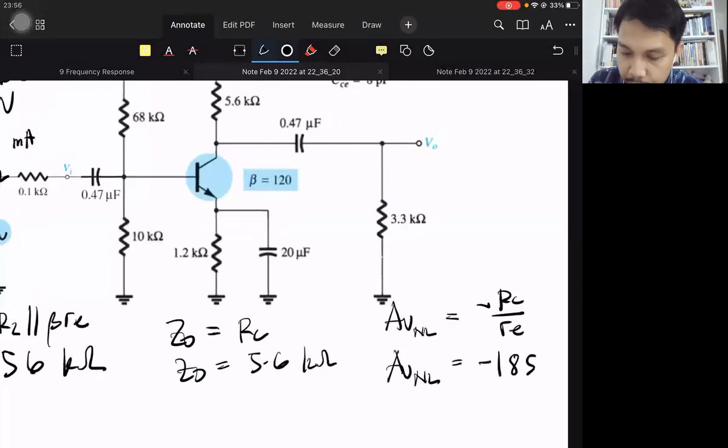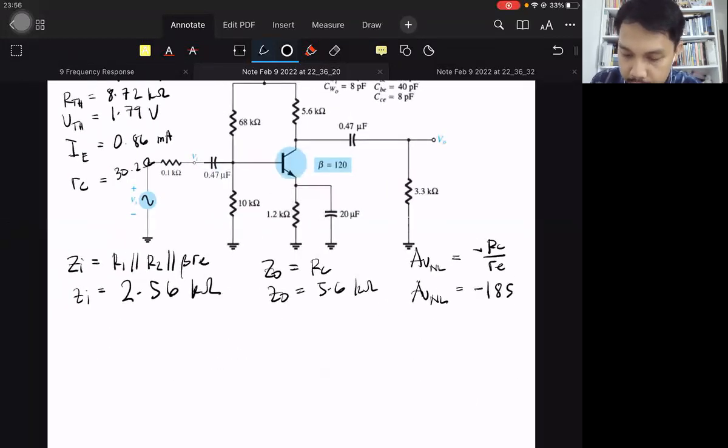Now we have a load, 3.3K. So we could very well solve for the AVL. AVL is equal to, this formula, AVNL. If your notes from last semester are available, it's better to have them at hand.